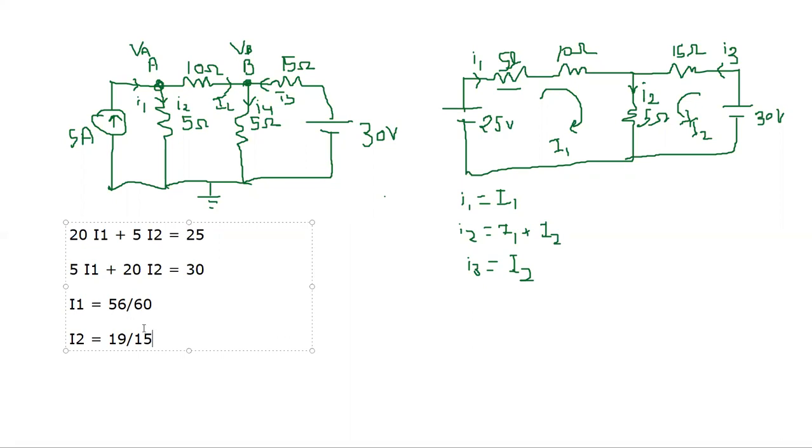Capital I1 is again small i1, and that is also your IL, the load current. So you get your load current as 56 by 60 or 28 by 30, which was also your answer using KCL.